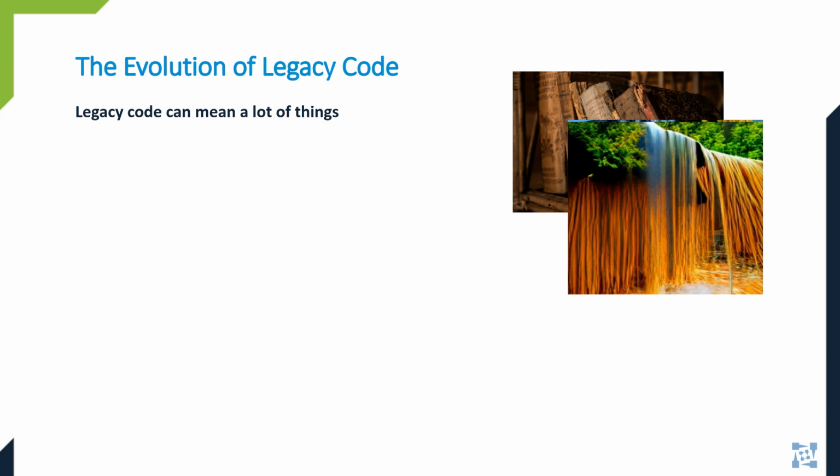Now, this code was written again at a different time, maybe with a different set of best practices, right? Maybe it was written before Agile was the fundamentally primary way of developing software. Certainly before TDD, right?